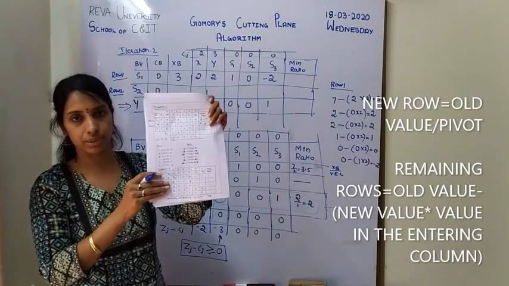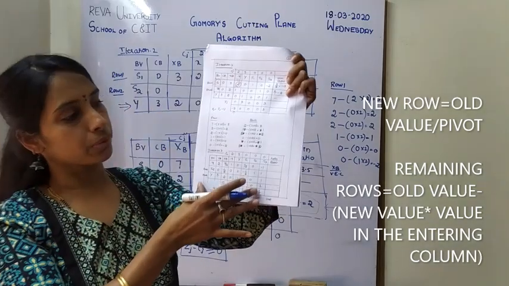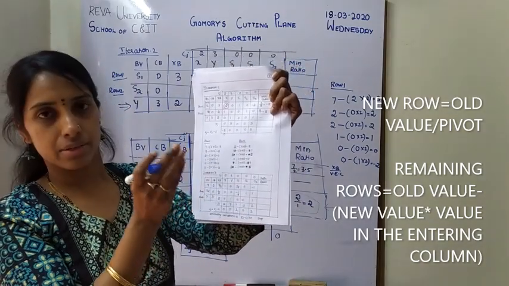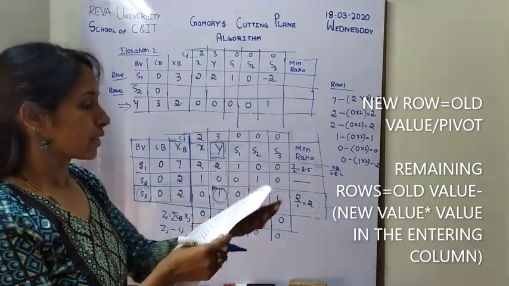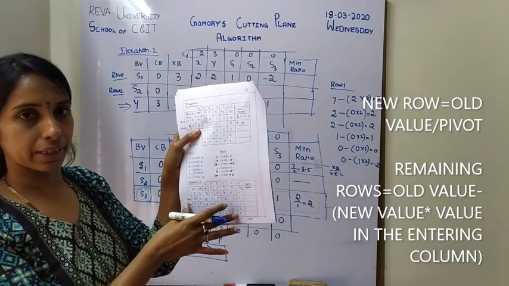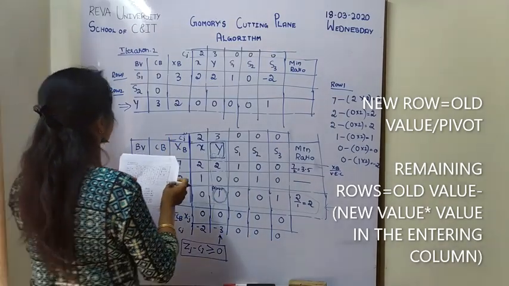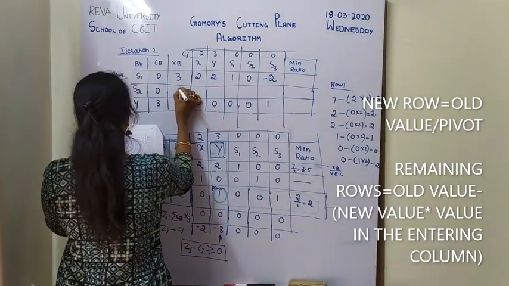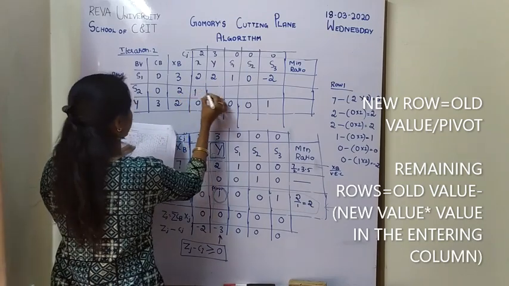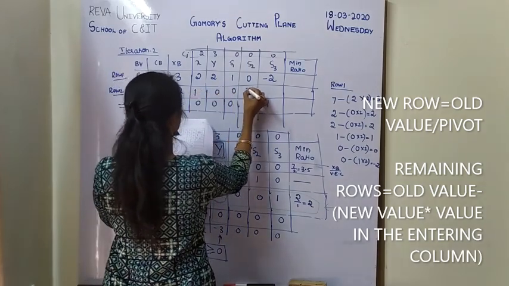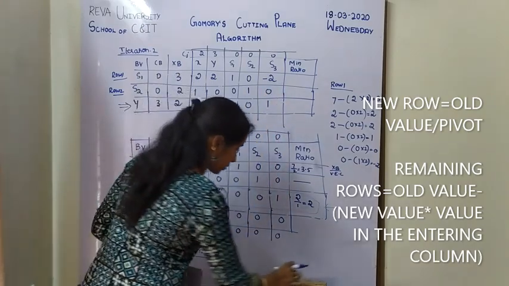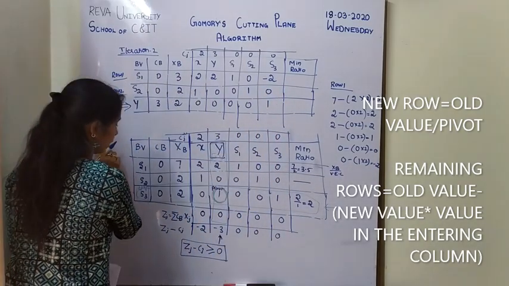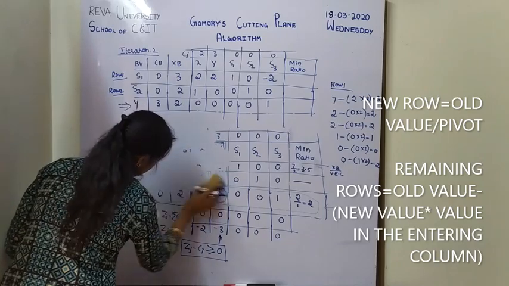I have solved this completely, so you can go through it, and if there are any mistakes or changes, you can correct them accordingly. As of now, I will directly write these values. So here it will be 2, 1, 0, 0, 1, 0. Now since this table is filled, I will erase this.